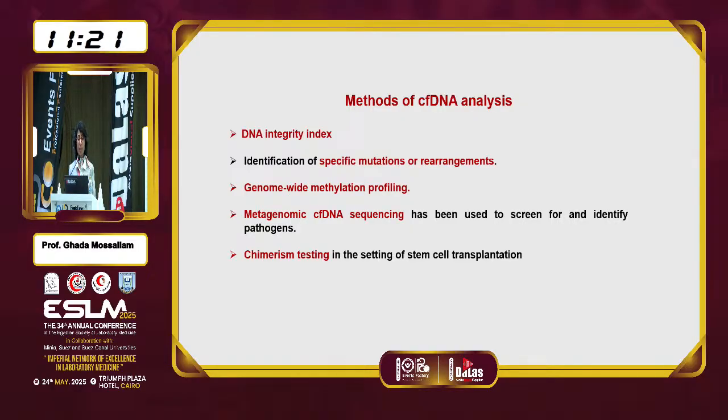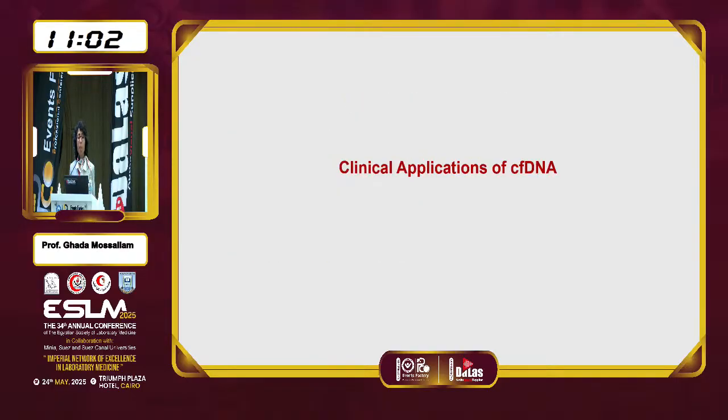Metagenomic cell-free DNA sequencing has been used for the screening and identification of pathogens in cases of infection. And lastly, chimerism analysis, which can be applied in the setting of stem cell transplantation, which is our topic today.